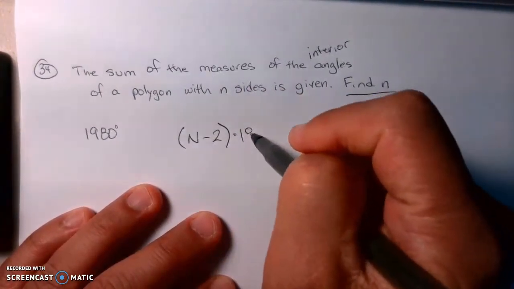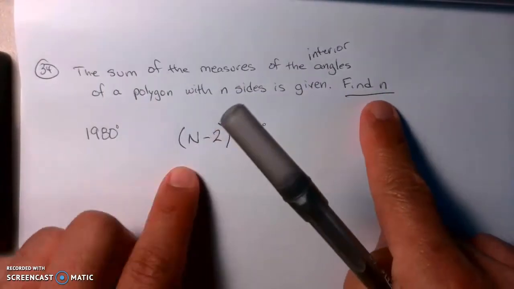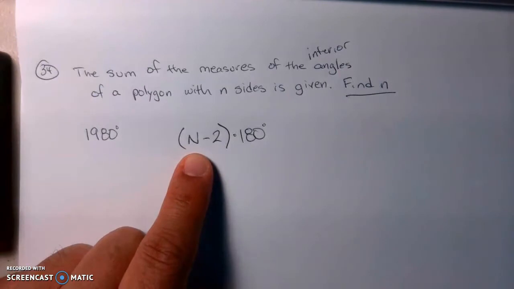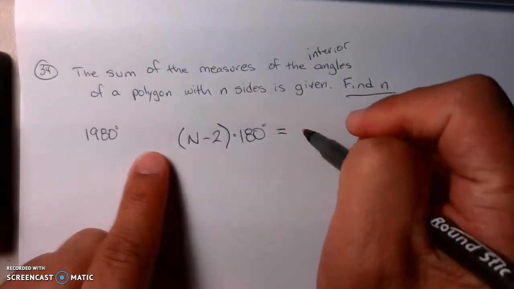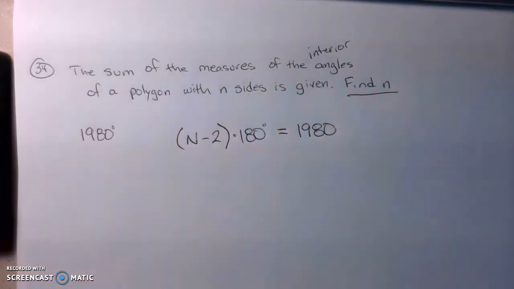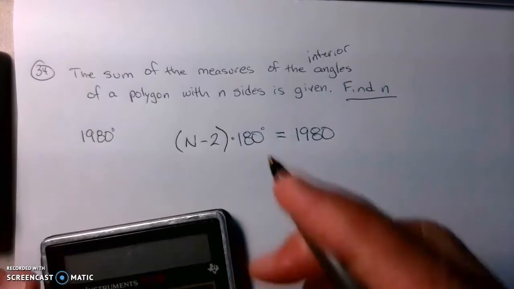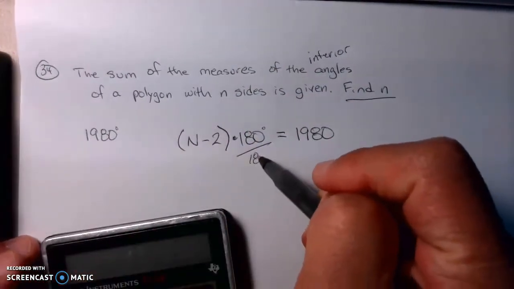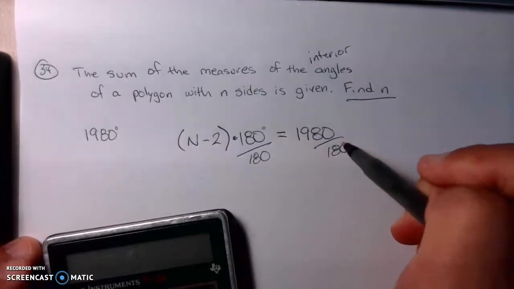Here's our basic formula. They give you the sides. You just put it in here, n minus 2 multiplied by 180, and you get the answer. In this case, we actually have the answer, 1,980, and we're going to work this problem backwards. We're going to need a calculator here. We're going to solve for n. Let's get rid of this 180 by dividing both sides by 180.